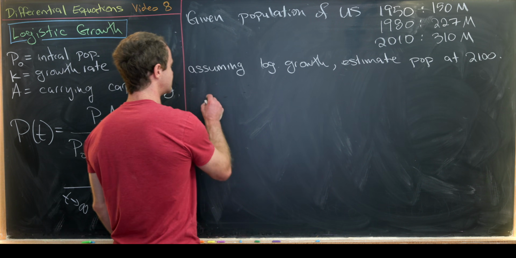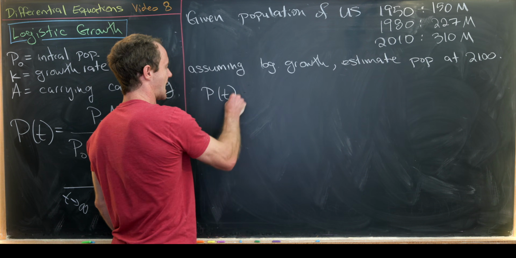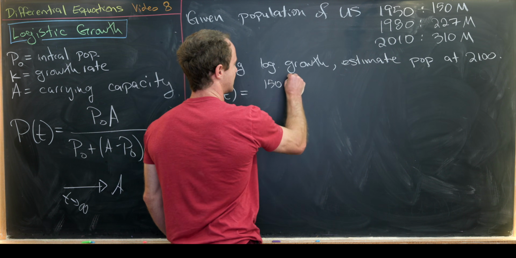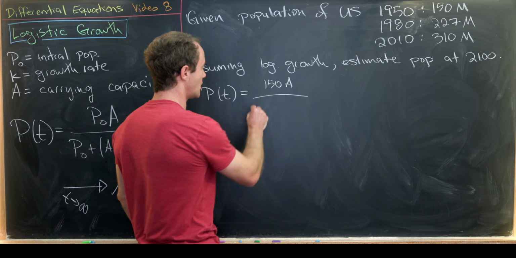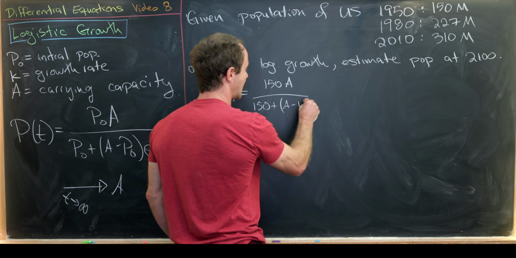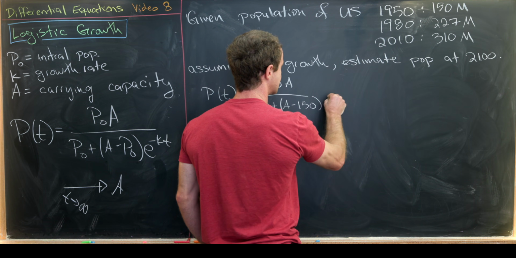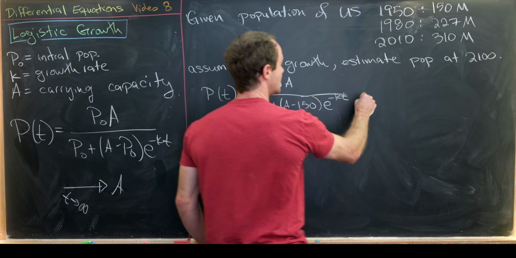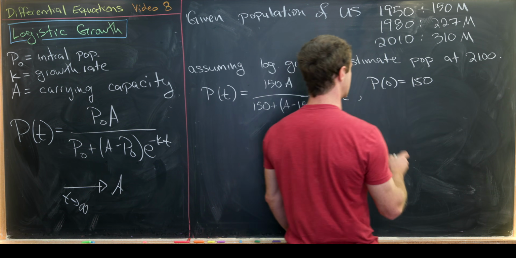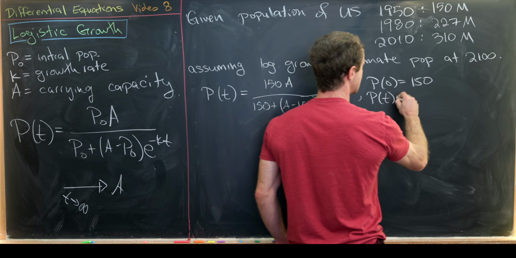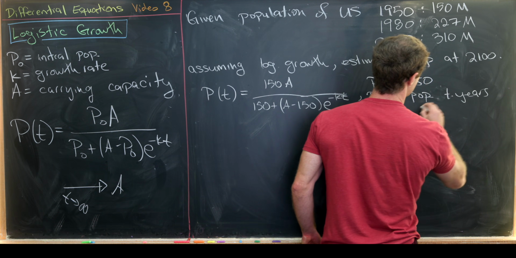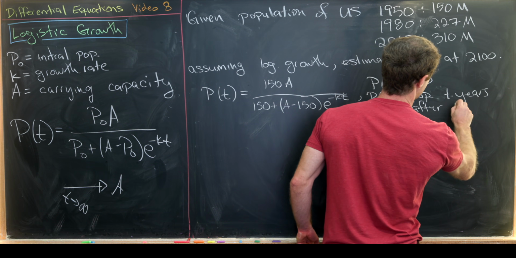Okay, so let's notice that we immediately have a population given as follows. So 150A over 150 plus A minus 150 e to the minus kt, where we're taking P of 0 to be 150. So in other words, P of t is population t years after 1950.